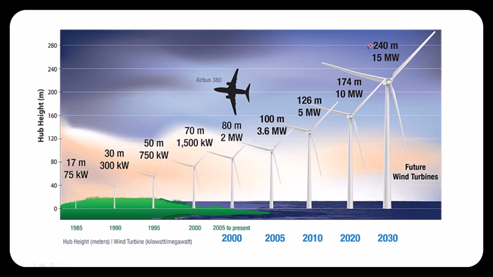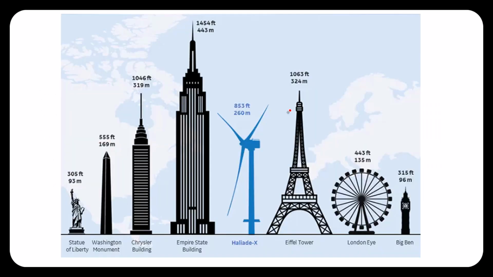Okay, but now you can imagine that this is going to be 15 megawatt, and the size is going to be 240 meters up to here. So you can see that the A380 aircraft looks very small compared to these wind turbines. The example is the different largest structures in the world. Starting from the Statue of Liberty, that's 93 meters.